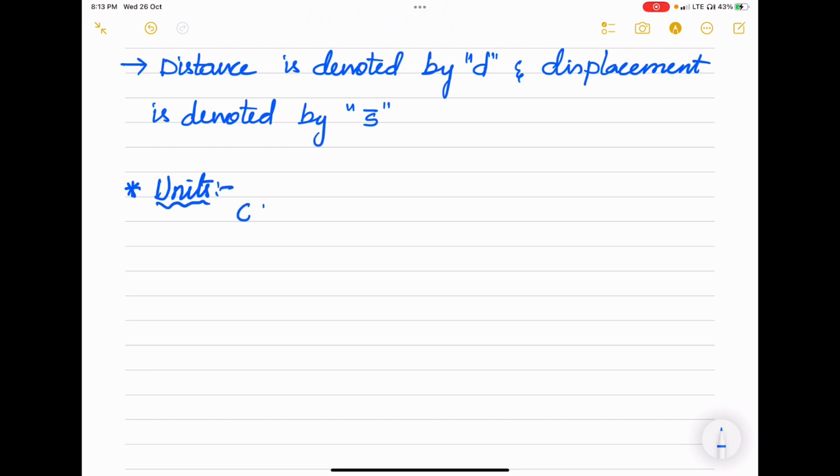That is, in CGS system the distance and displacement takes a unit centimeter, and in SI system or MKS system, already you are familiar, it takes a unit, what? Meter. So cm represents centimeter, and m represents meter.